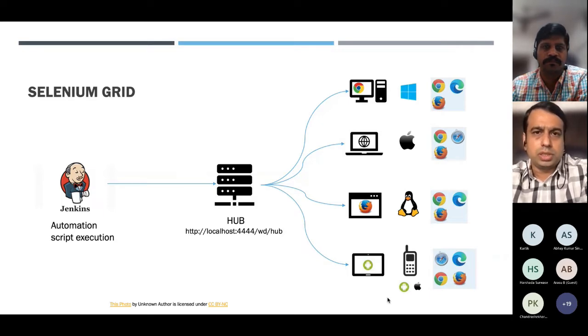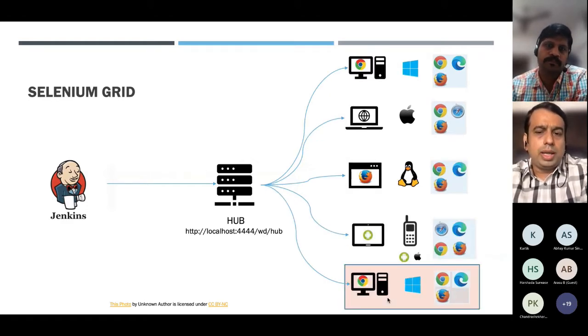If one of your test cases gets stuck on any of the nodes, you have to manually restart that node. Or if you want to add any new node, you again have to start from procuring a new virtual machine or the infrastructure cost, setting up the required software, and doing the required browser setup. So that was still a manual task.